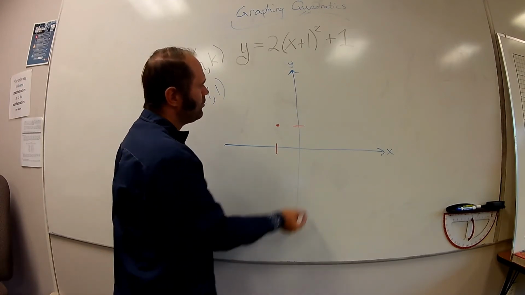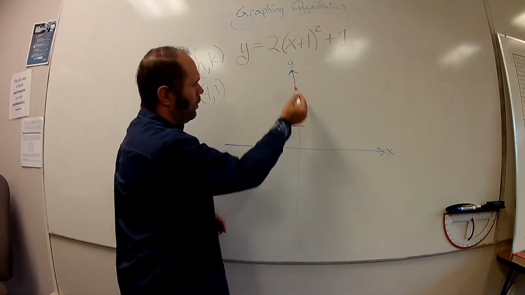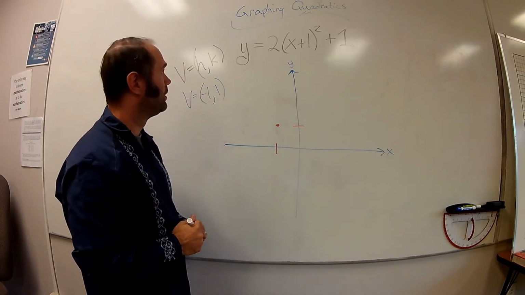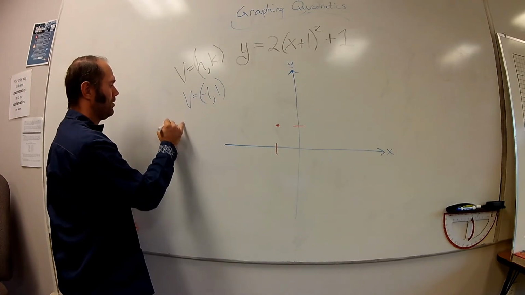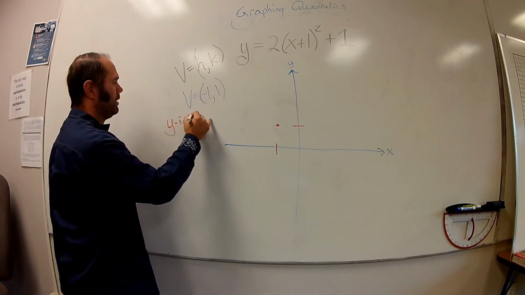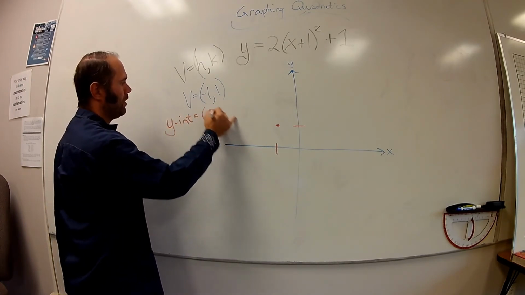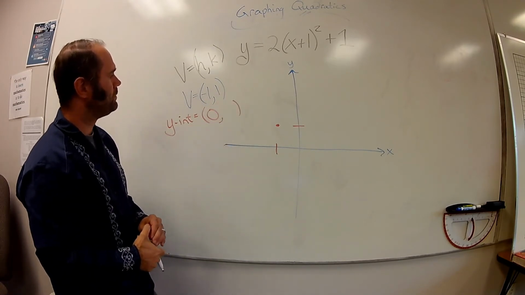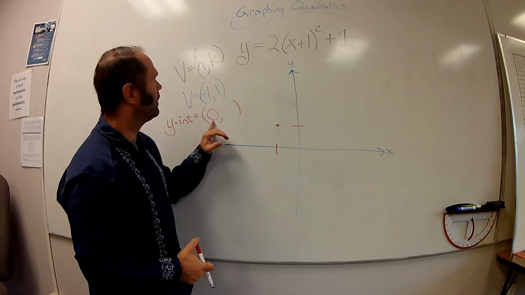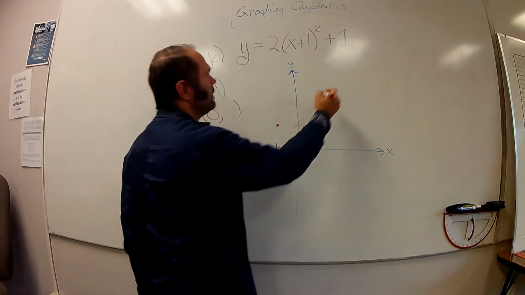So instead, let's just find what our y-intercept is. So we're going to plug 0 in for x. So y-intercept is 0, comma, something. Okay? And so we're going to plug 0 in for x and see what we get.